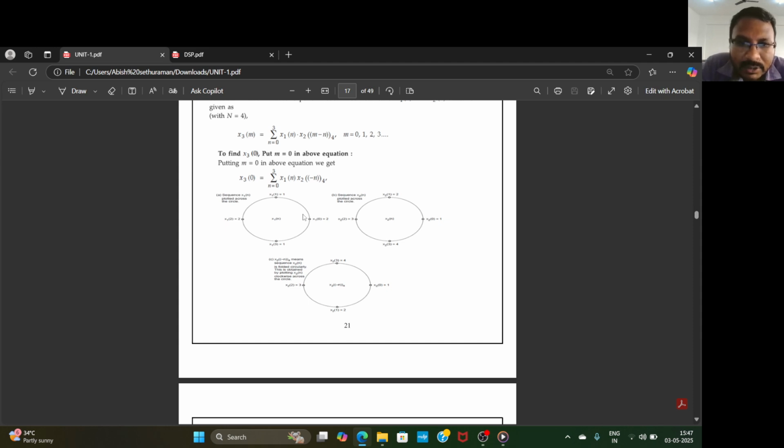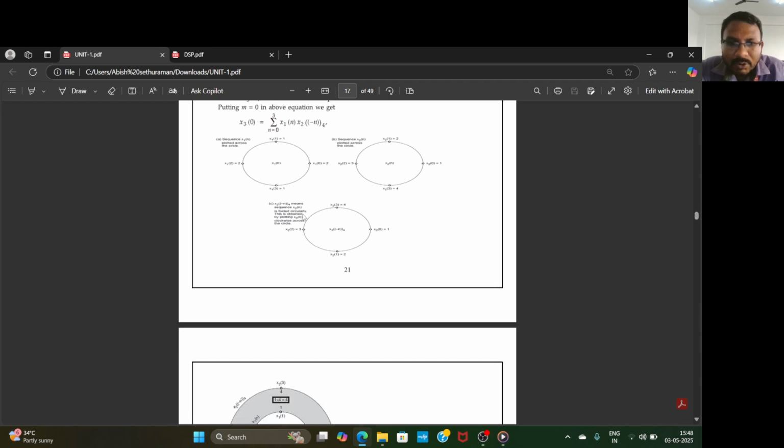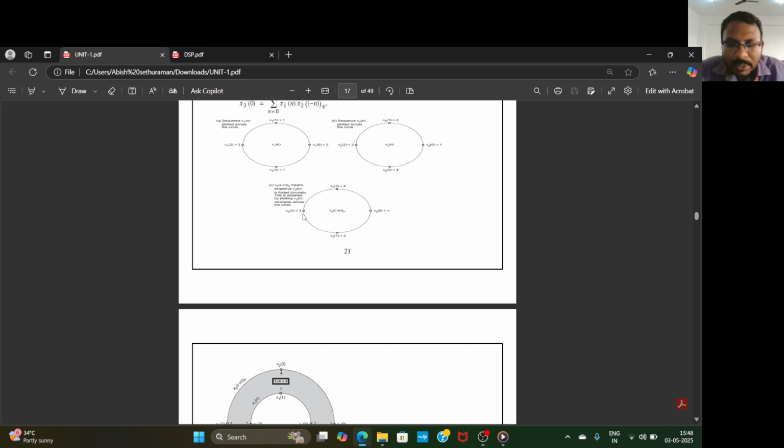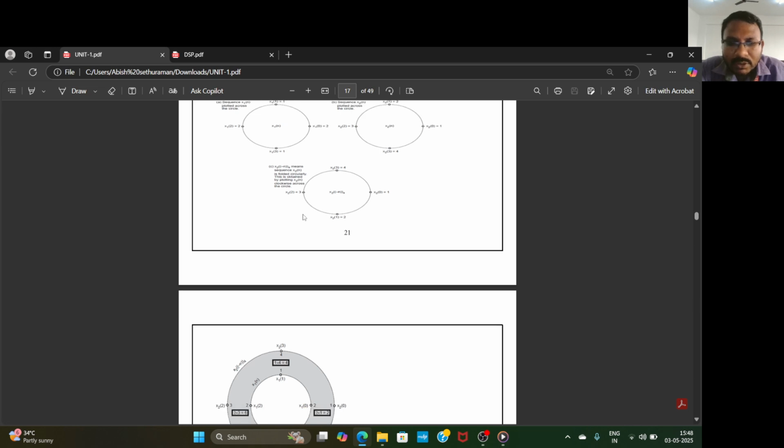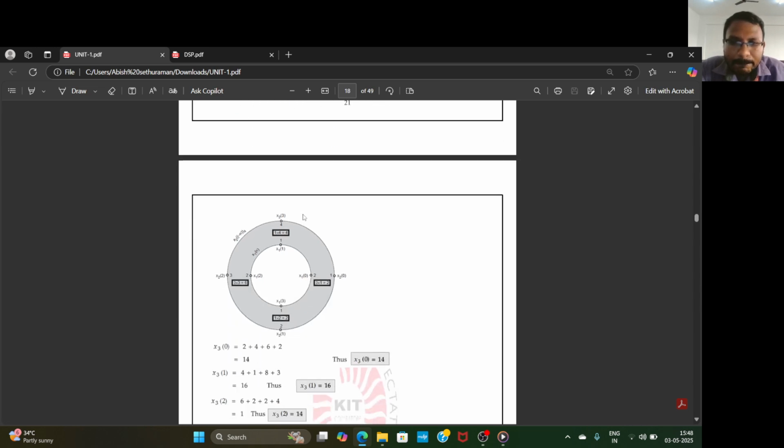Similarly we draw x2 of n in the anti-clockwise direction. After that, we multiply the 4-point samples of x1 of n and x2 of n like this.